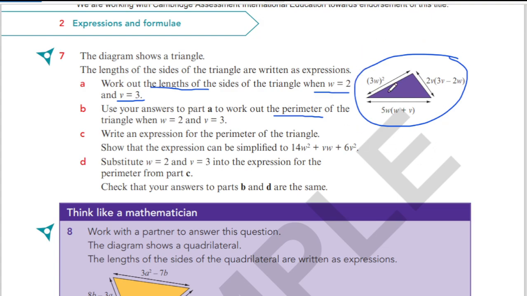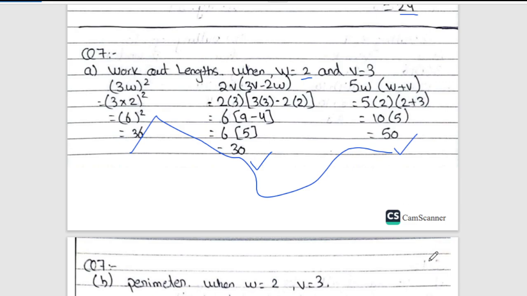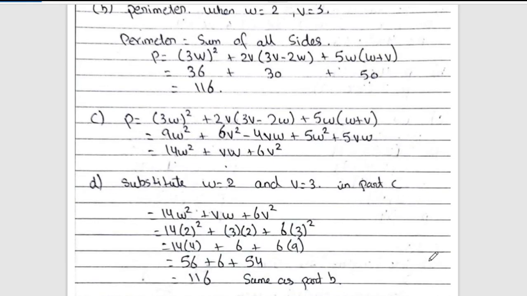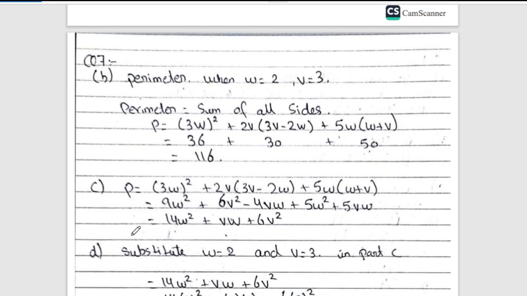We just add the lengths. The length of 3w whole square is 36 from our previous answer, the length of 2v into 3v minus 2w is 30, and the length of 5w into w plus v is 50. By adding these three lengths, we find the perimeter, which is 116.